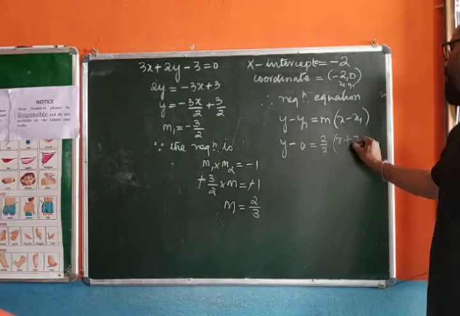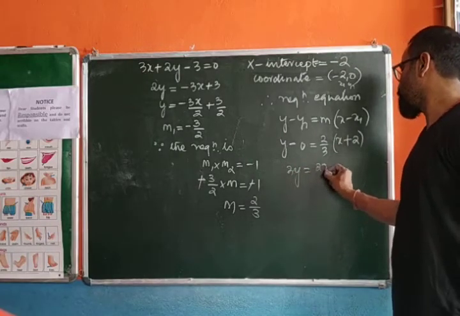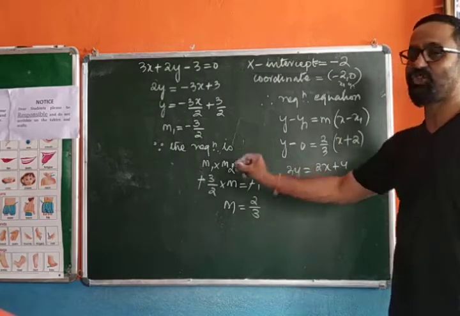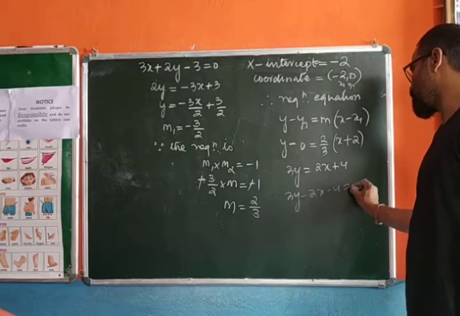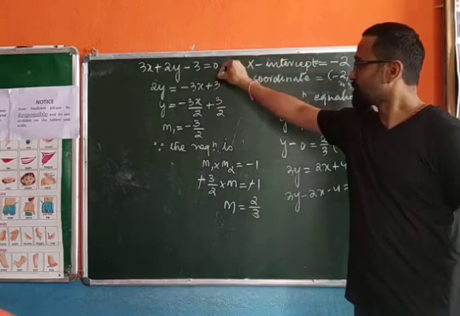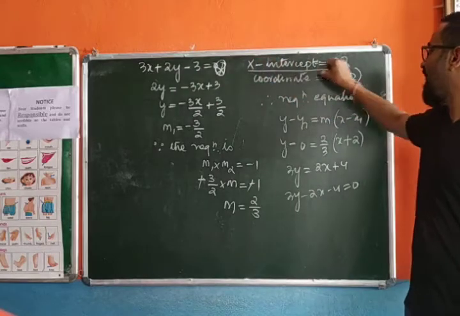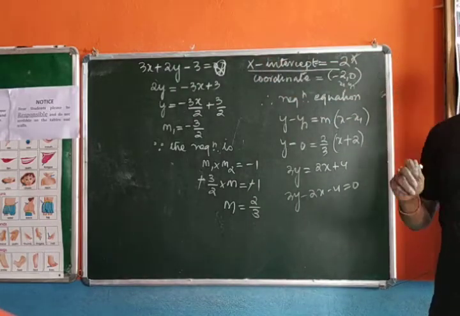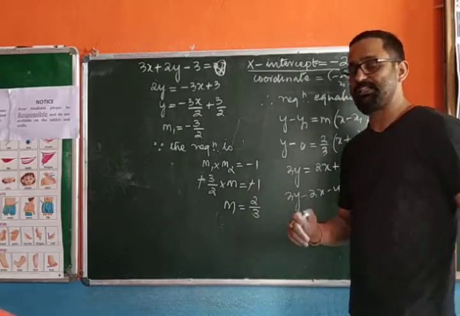X minus into minus is plus 2. Cross multiply. 3y is equal to 2x plus 4. Arrange it. 3y minus 2x minus 4 equal to 0. This is the equation of the line perpendicular to the given line and has x-intercept minus 2. With y-intercept you can solve, and you can solve with x-intercept.